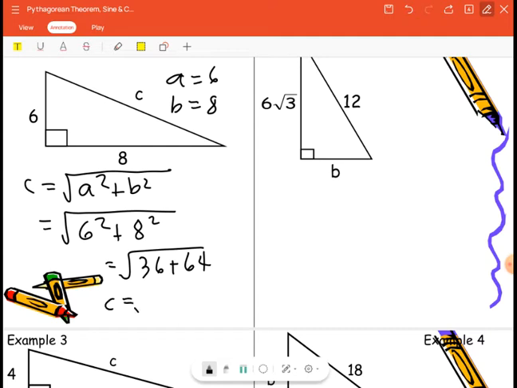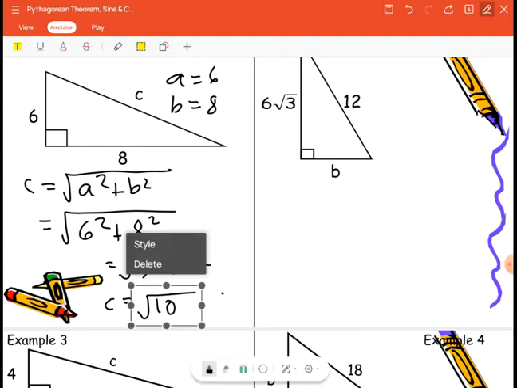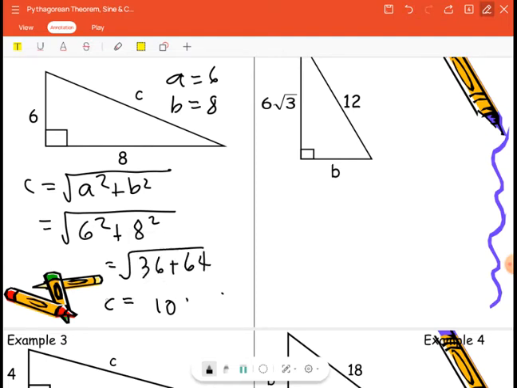And C is equal to the square root of 100, which is 10.